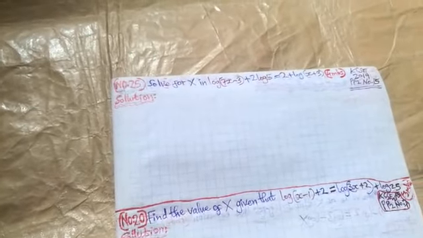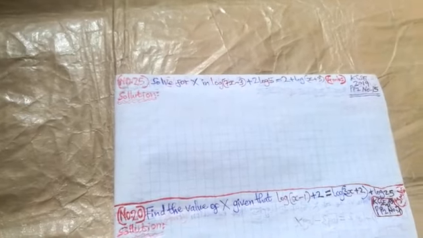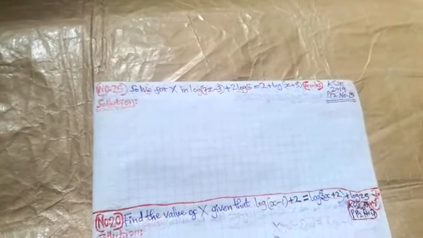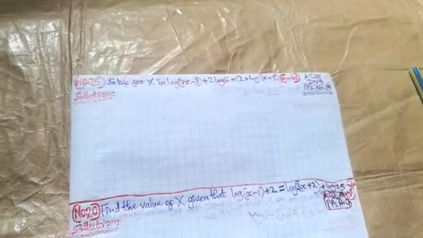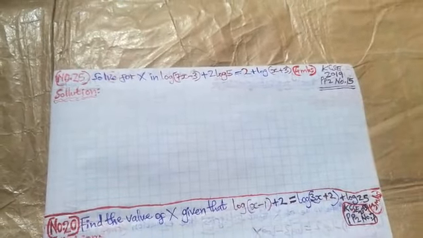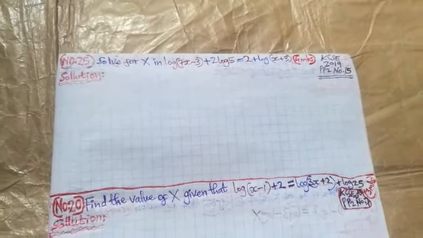Question number 25 states: solve for x in log (7x minus 3) plus 2 log 5 is equal to 2 plus log (x plus 3), 4 marks. This was a KCSE question 2019, paper 2, number 15.